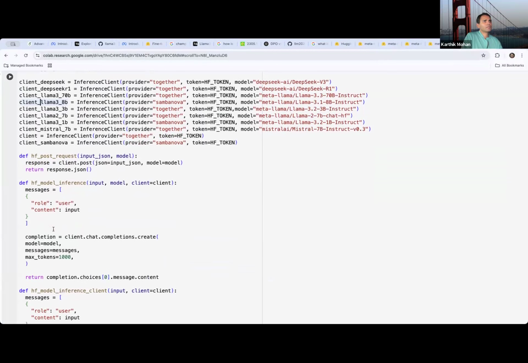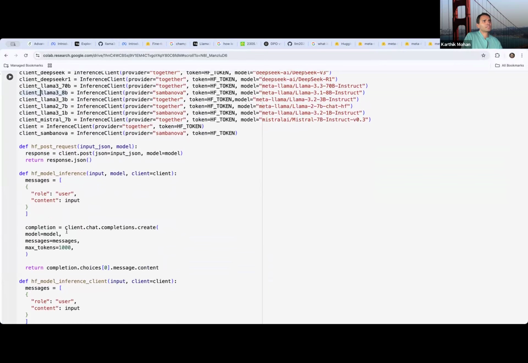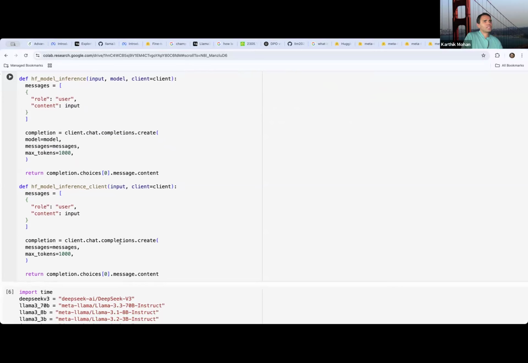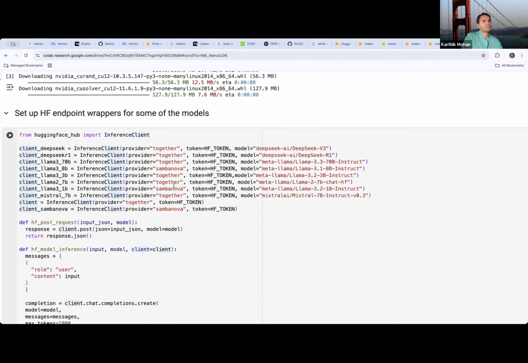And then when I want to do model inference, I need to use the client API that has client.chat.completions, right? HF model inference client. So here, client.chat.completions.create, I just pass in the messages and the max token because the client already has the model loaded, right?